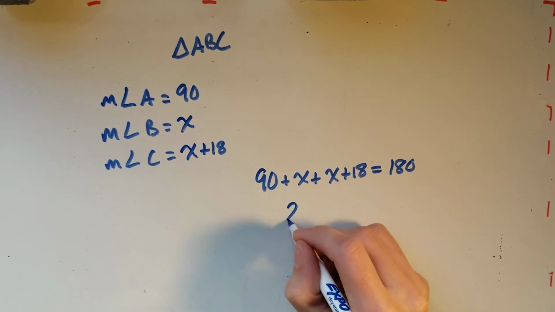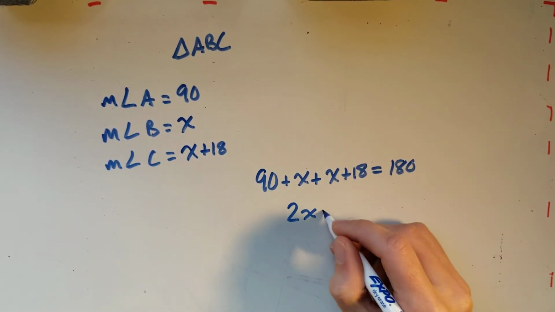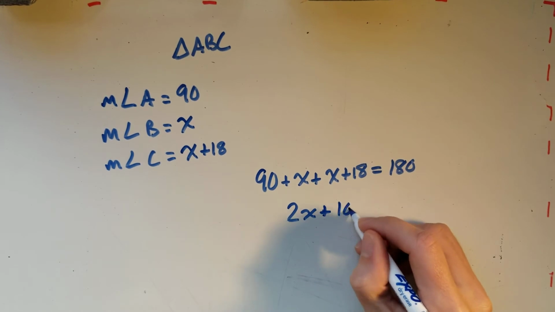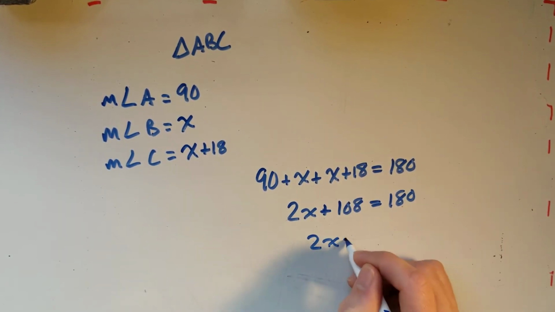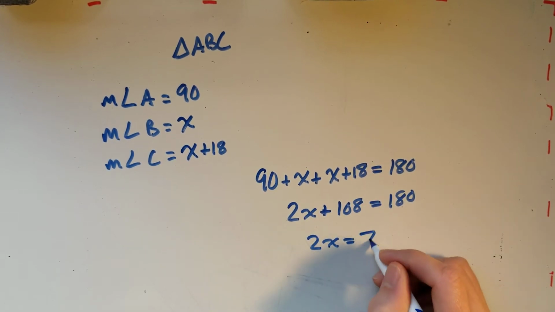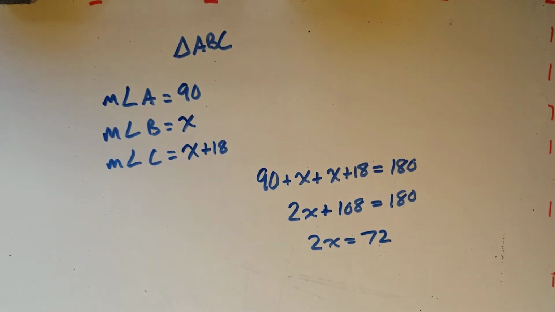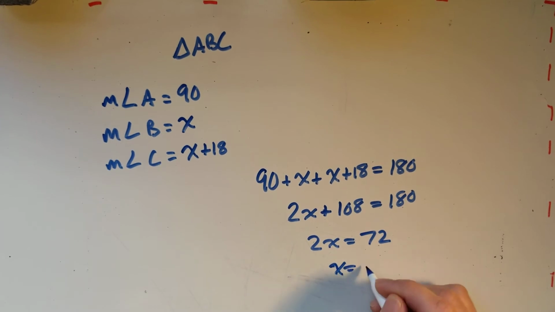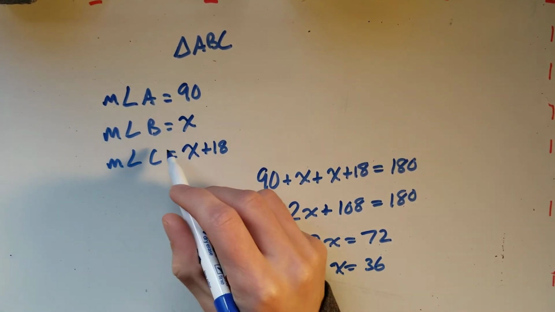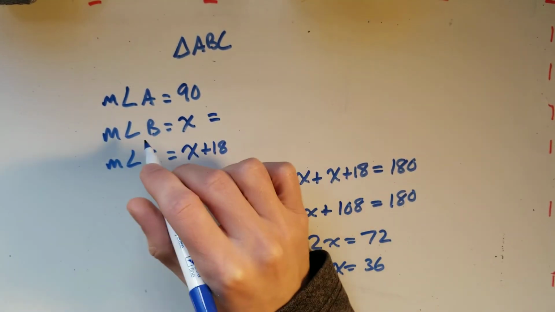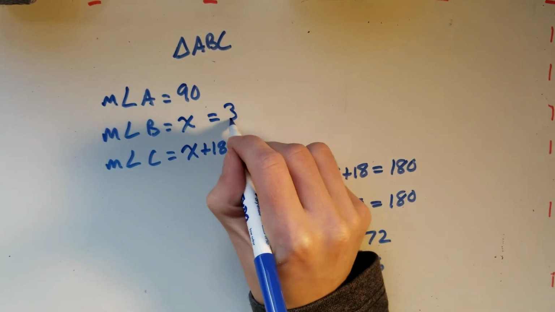And then we can go ahead and say 2x plus 108 is equal to 180. So 2x is going to be equal to 72, which means x equals 36. So when we go back over here, the measure of angle B would be 36.